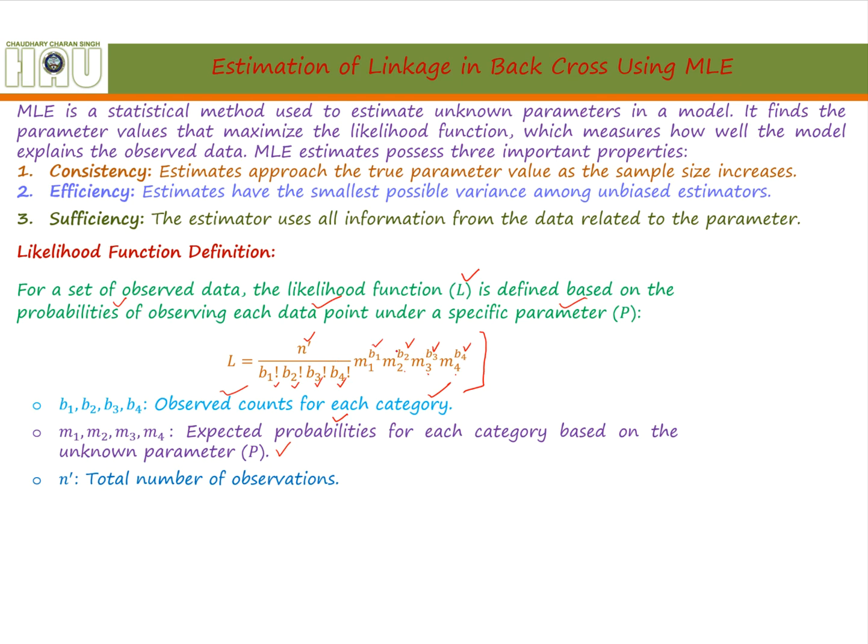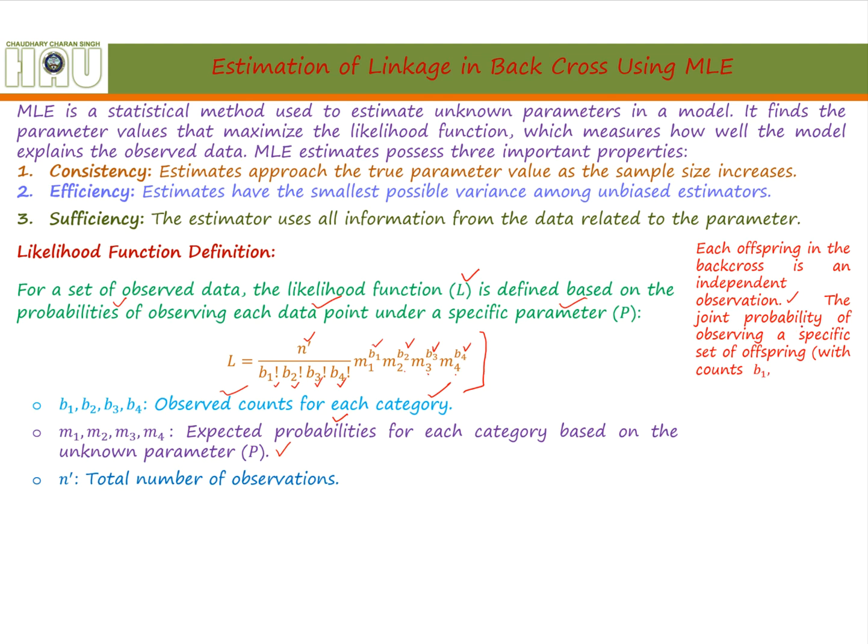This formula is based on a certain probability distribution, the multinomial distribution. Why do we use the multinomial distribution? Each offspring in a backcross is an independent observation. The joint PDF, the probability of observing a specific set of offspring with counts B1, B2, B3 and B4, follows a multinomial distribution.